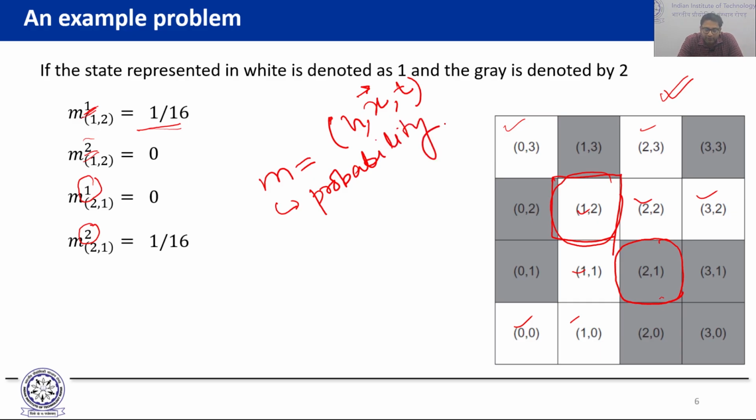It is the probability of finding a local state h at a given location of the microstructure given by x at a certain point of time given by t. Since this is a probability distribution function, we further said that the sum of this probability distribution function summed over all of the states that we are looking at is going to be 1.